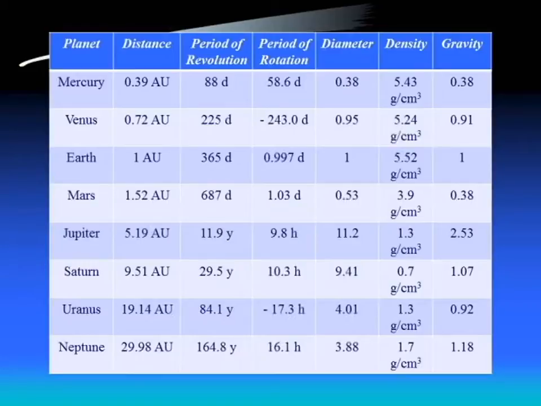And notice those units tend to be days and then years. And the period of rotation, so you're rotating on your axis. Those are in days as well. And then you get down to the planets, some of the larger gas giants, we're looking at them in terms of hours. Then both the diameter and the gravity are given relative to the Earth. And then the density has units of grams per centimeter cubed.